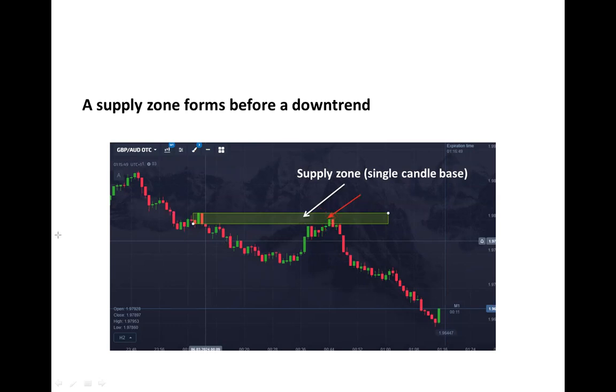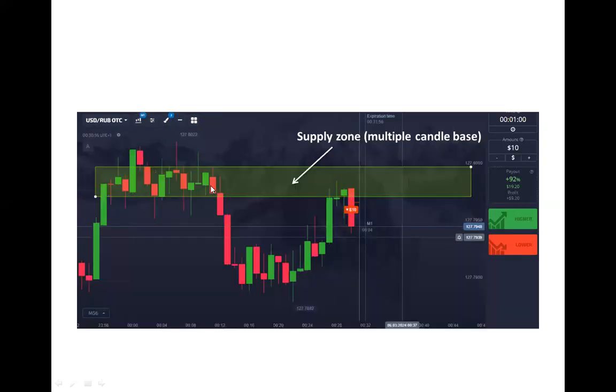Now let's talk about the multiple candle supply. Take a look at this example here. This is a multiple candle supply. We see the bullish movement here, and we notice the price starts to consolidate for a while.